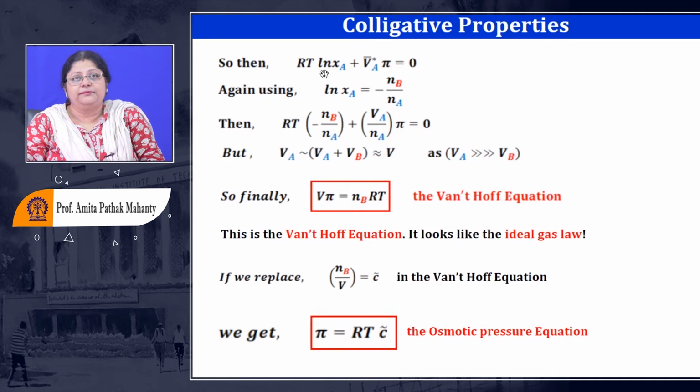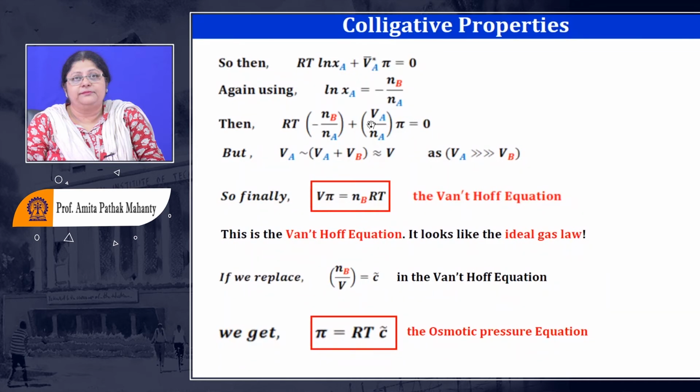What do you get? Now rewrite what is molar volume. Molar volume is the volume of A divided by the number of moles of A. If you rewrite this, what do you get? One assumption we have taken is that the total volume can be taken as V_A, the volume of the solvent, because the volume of solute is very small.